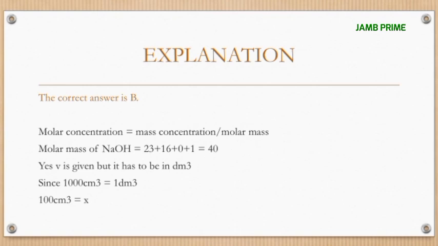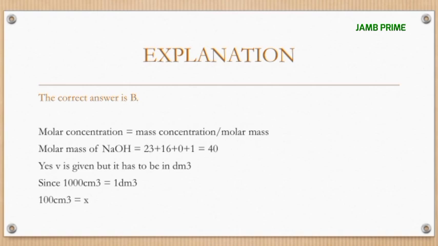So you already know that 1000 centimeter cube is equal to 1 decimeter cube. Like the cross multiplying method we actually did before. If 1 dm³ equals 1000 cm³, then 100 cm³ will now be equal to x dm³. So you can cross multiply: 1 times 100, then x times 1000.